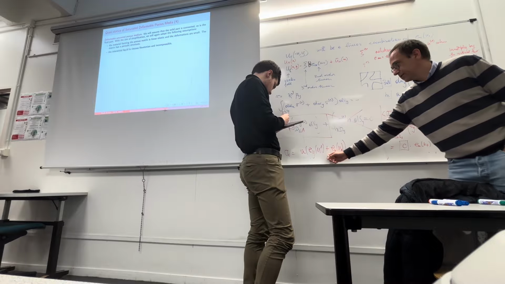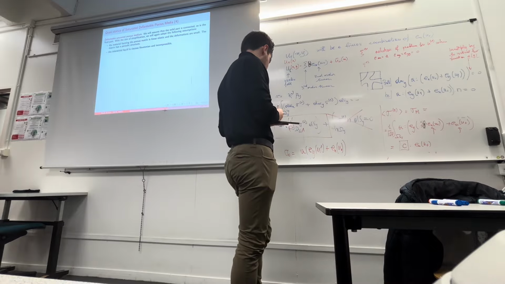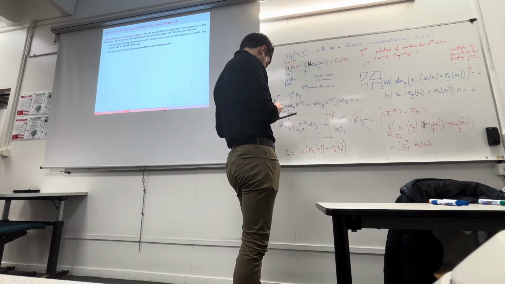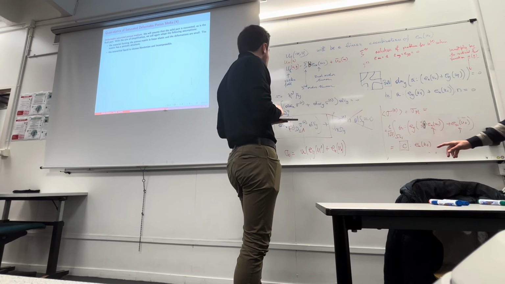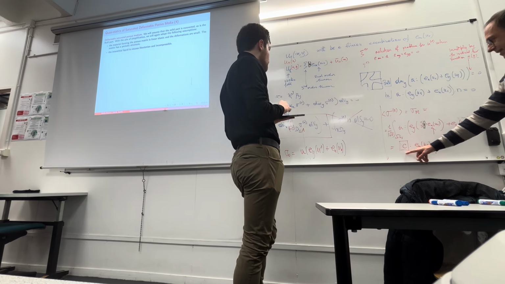Where does the C come from? The C that you boxed at the bottom. Ah, the C. The C is all the stuff. In fact, it's better to look at this version because it's more clear. So you see that you are calculating the average. That integral is this.